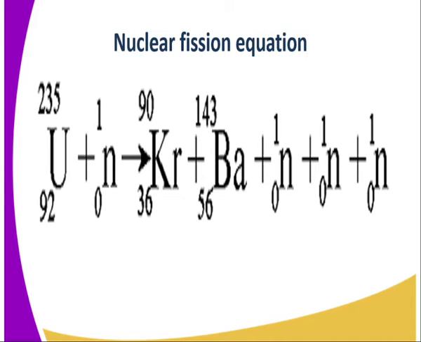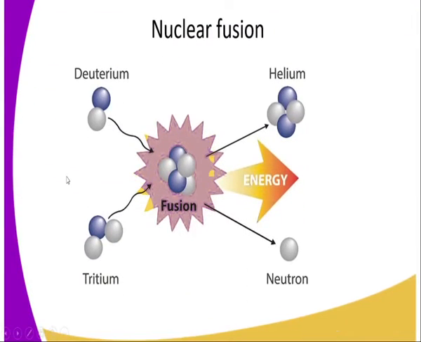Do remember that the mass number on the reactant side must be equivalent to the mass number on the product side, and in addition to that, the atomic number, the number used as the subscript, must be equivalent on the reactant side and the product side.